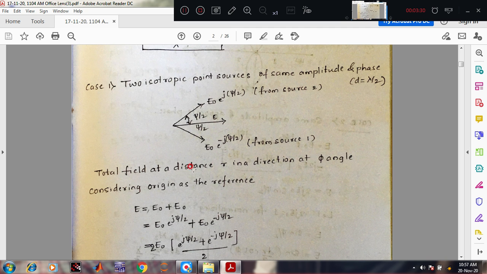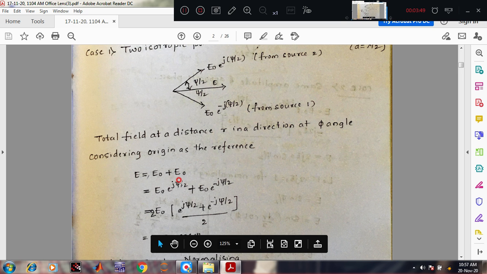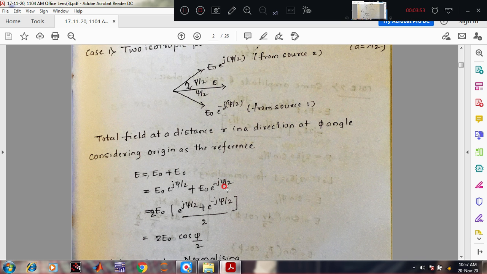So the total field at a distance r in a direction at angle phi, considering the origin as reference, E will be equal to E0 from point source 2 plus E0 from point source 1: E0 e raised to j psi by 2 plus E0 e raised to minus j psi by 2.